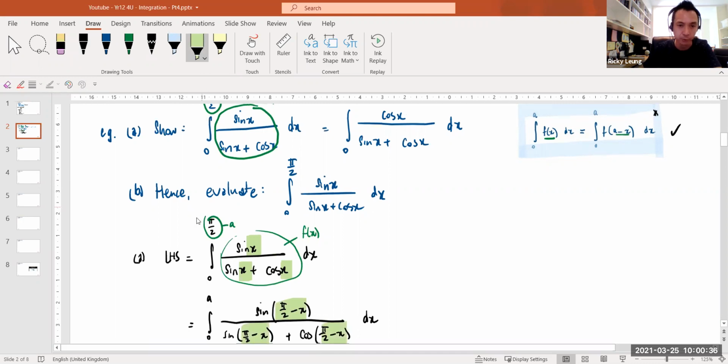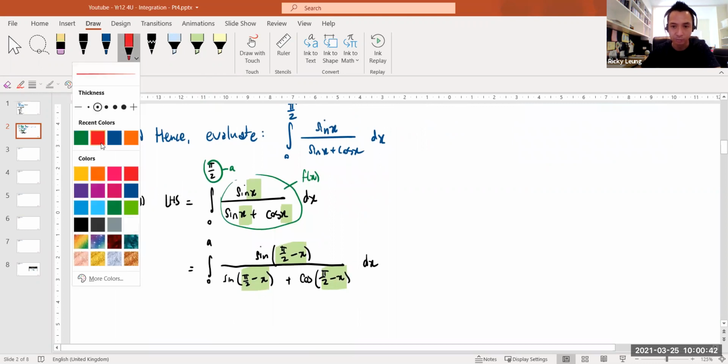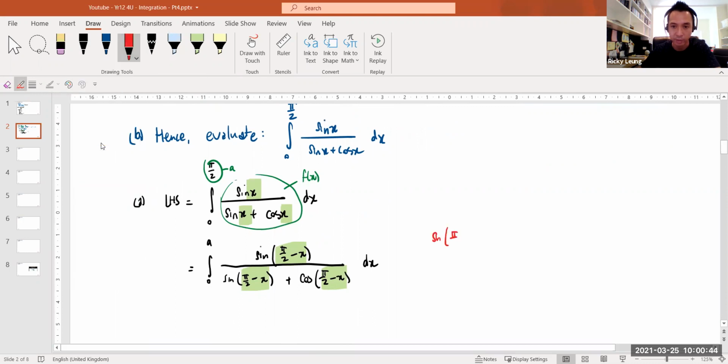Now I know that sine and cos are complementary. So sine of pi on 2 minus x equals cos, and vice versa: cos of pi on 2 minus x is sine. That's all good.